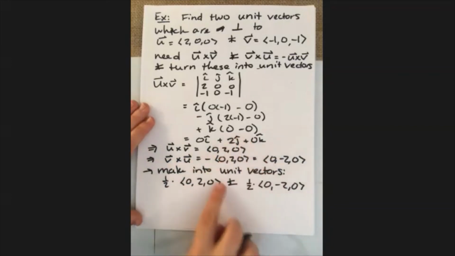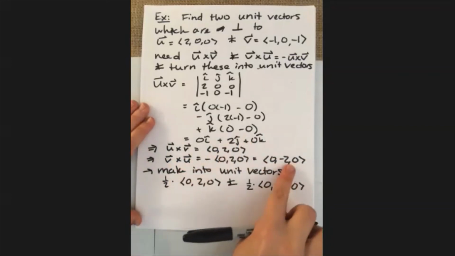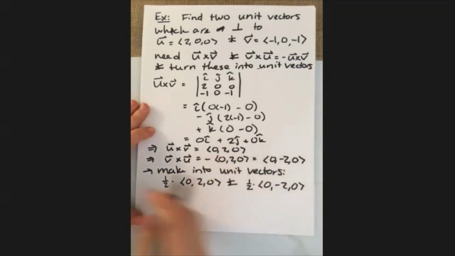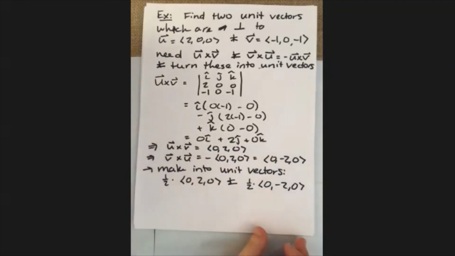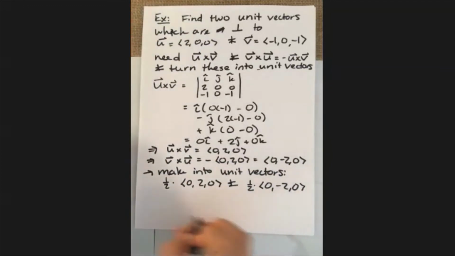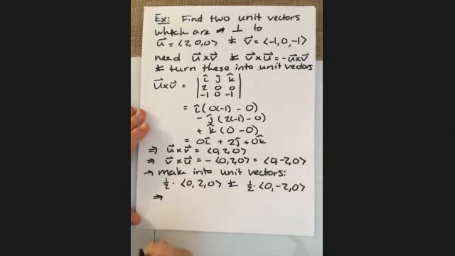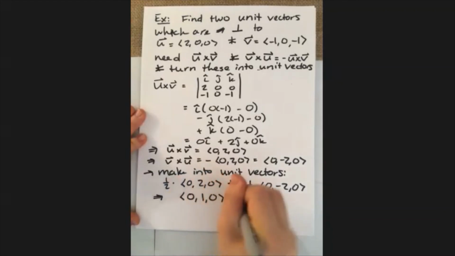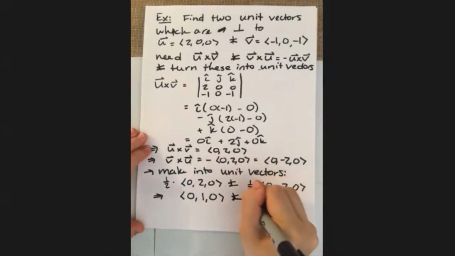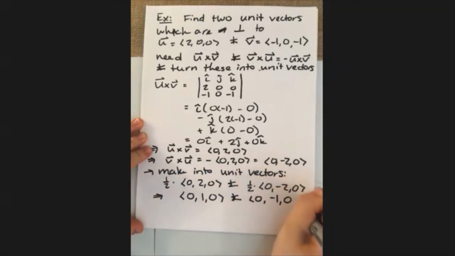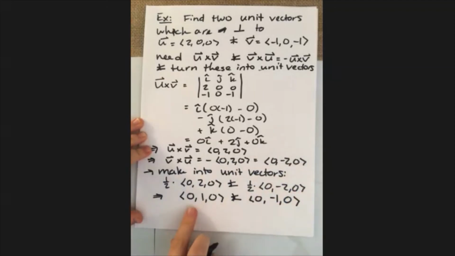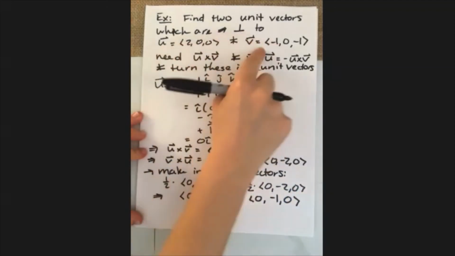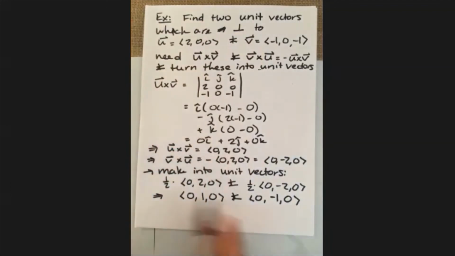Notice that multiplying by -1 had no impact on the length of the vector, just simply because negatives don't change the length of the vector. So our two vectors then wind up being 0, 1, 0, and 0, -1, 0. So these are our two vectors that are perpendicular to the two vectors that we started with, and also we've now made them unit vectors by dividing out by their length.